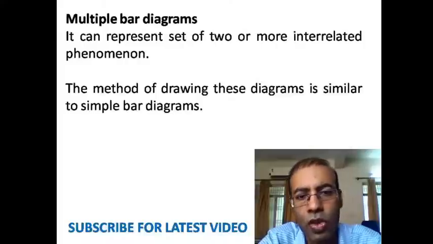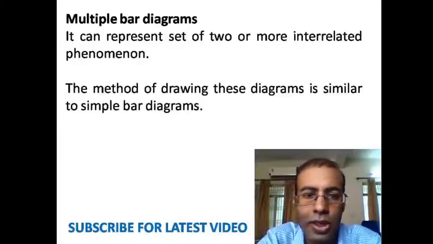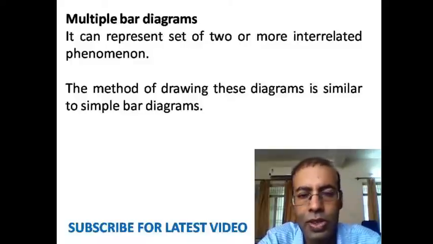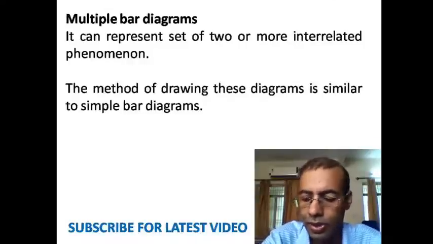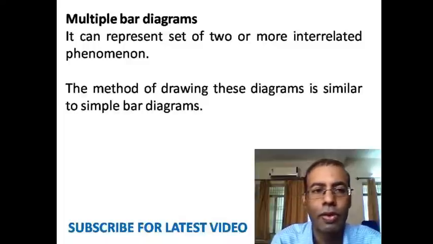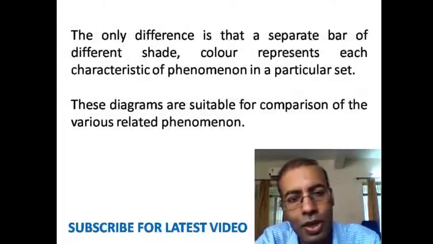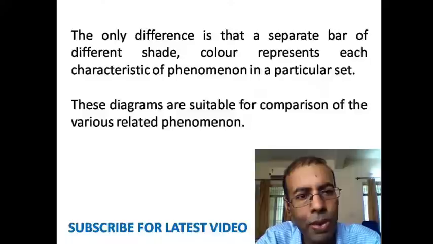The method of drawing these diagrams is similar to a simple bar diagram, but here at one place we are putting two or more bars at a time, and this will be more clear when we see some multiple bar diagrams.